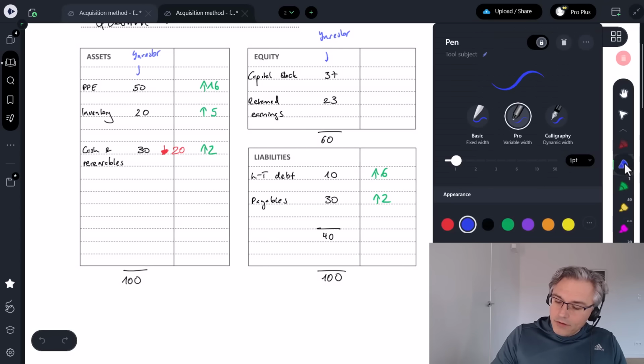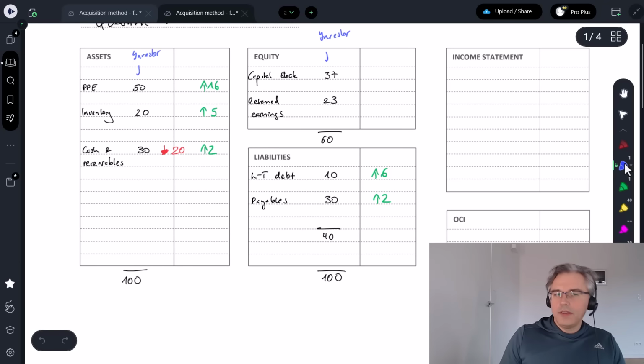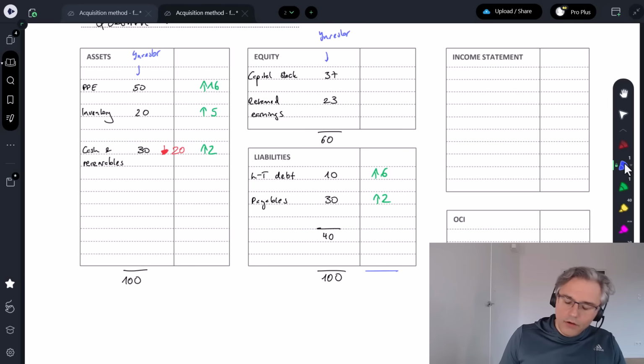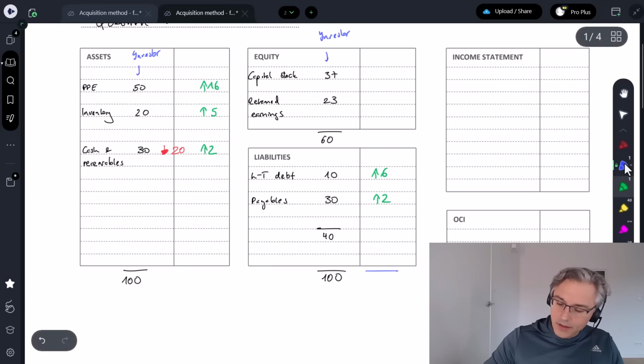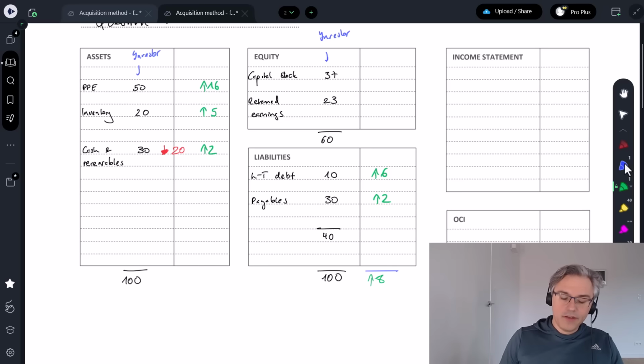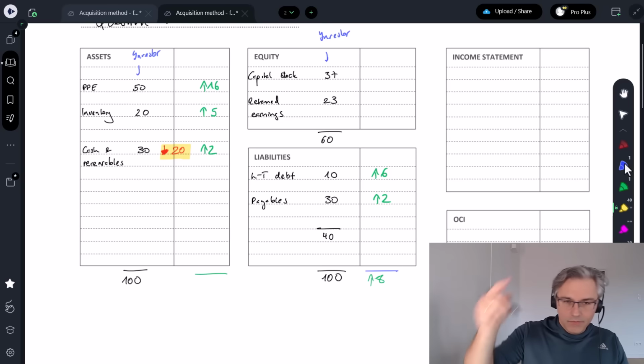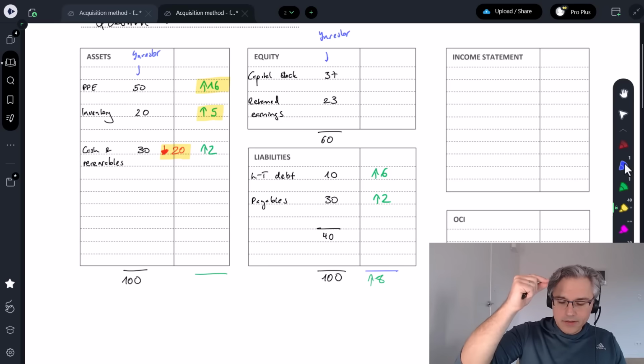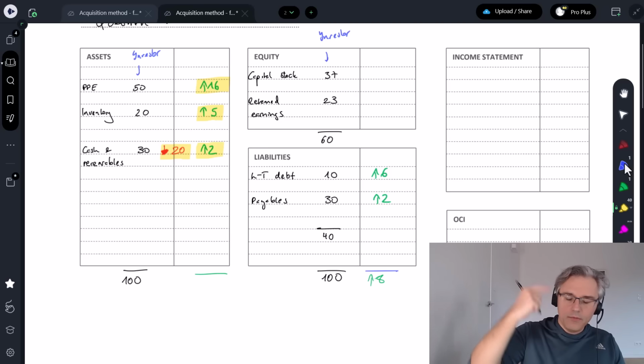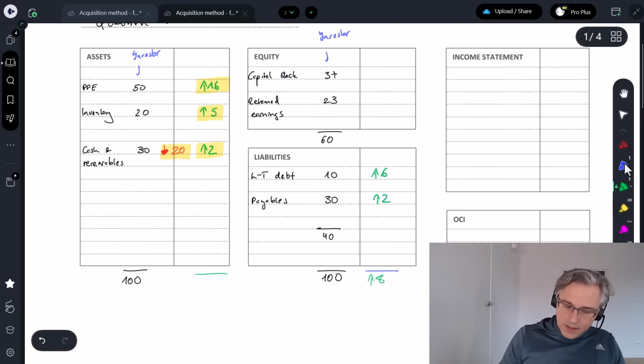And if we were to now check what the effect is, on the equity and liability side, those green arrows give a total upward move of 8. On the asset side, we had the outflow of 20 to buy the shares of the subsidiary, 20 down, but plus 16, so on a net basis that's 4 minus, plus 5, 1 plus, and another 2 upwards, so that's 3 positive.